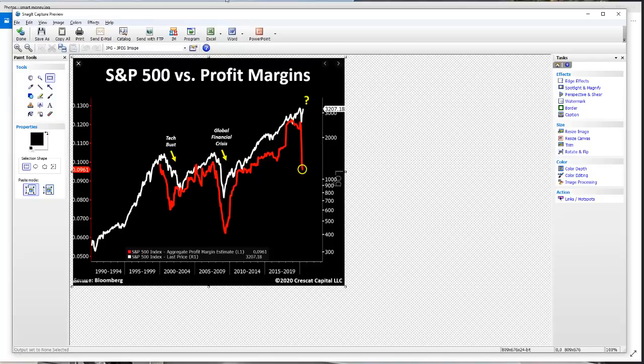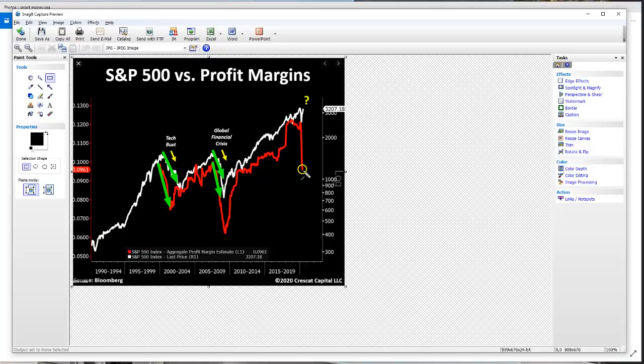Every time we've had a dip in the average profit estimate, you can see that overall the market has headed down. Now this is over years. You can see the market rallies up, and as the profit margins go down, the stock market soon follows.